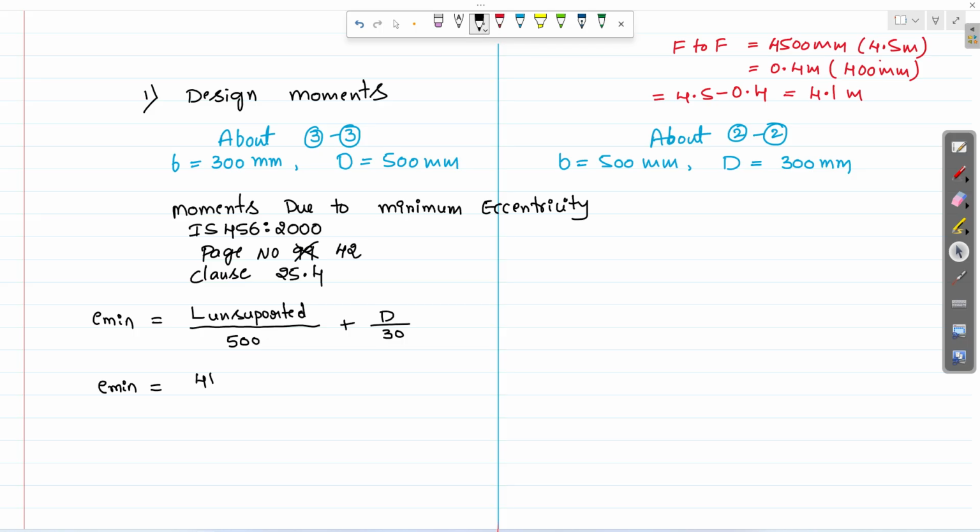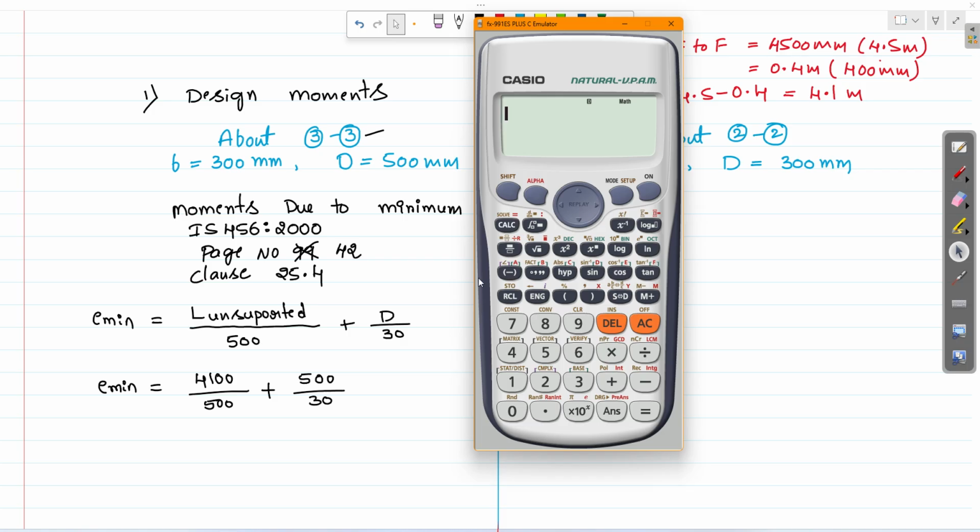So 4,100 divided by 500 plus D. So about 33 depth will be 500. 500 divided by 30. So 4,100 divided by 500 plus 500 divided by 30.